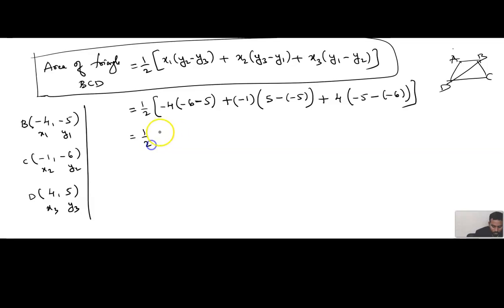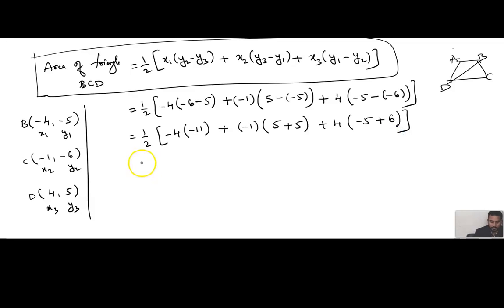That is equal to half into [-4 into (-6 minus 5), which is -11, plus -1 into (5 plus 5), plus 4 into (-5 plus 6)]. Now half into minus times minus plus, 4 elevens are 44, right?